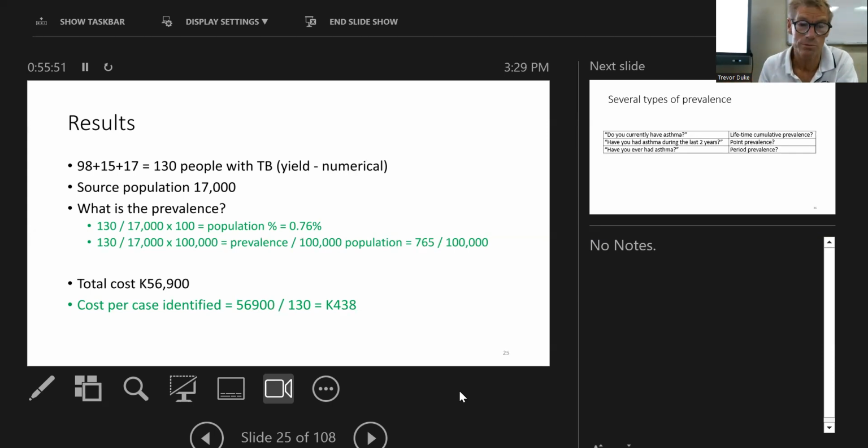It cost us that much money, but you can work out whether it's worthwhile. The cost per case was that divided by 130, and that comes to 438 kina. So for 438 kina, you can find one case of TB that you didn't know about in a remote area. So is that cost effective or not cost effective?